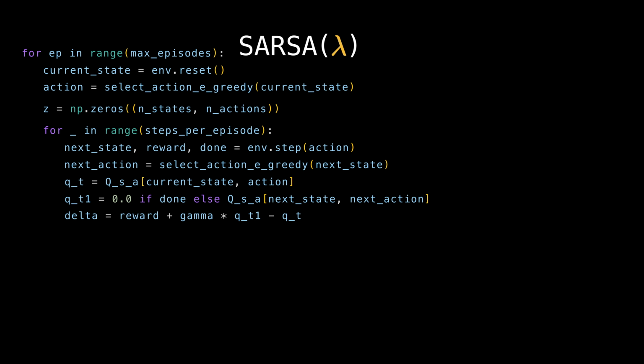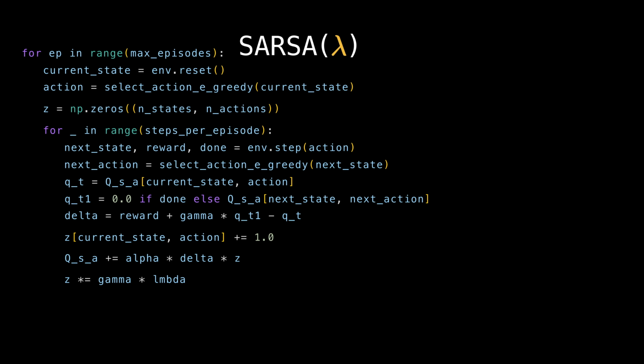First, the trace of the current state and action pair is incremented by 1. This trace is then used to update the action value function. And lastly, the eligibility traces of all states are multiplied by a factor of gamma times lambda, causing the value of Z to gradually decay over time.